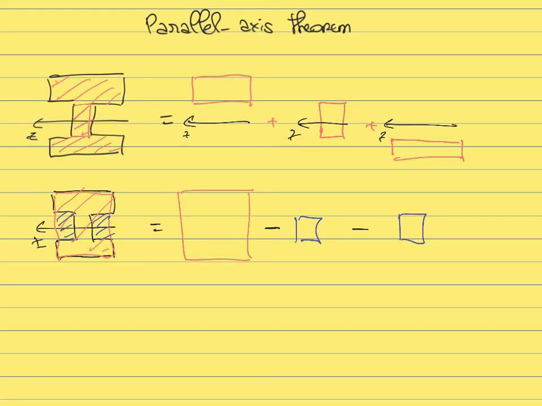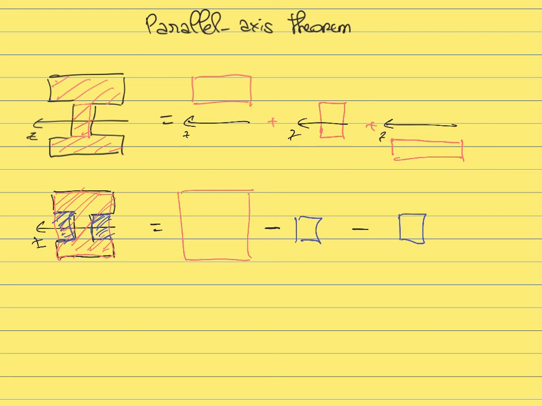So that's another way to decompose this beam, is to say that you take this entire cross section here and you remove those 2 rectangles here. So that's another way to decompose an I-beam. So now the question is, if we know how to calculate the moment of inertia of those different rectangles here on the right, how do we convert them into calculating the moment of inertia of the complex I-beam on the left?